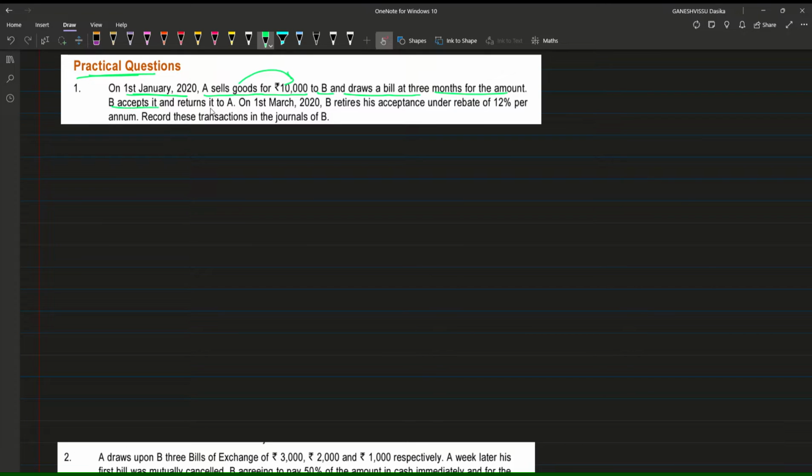B accepts it and returns it to A. On 1st March 2020, B retires his acceptance under a rebate at 12% per annum. I think we have seen this type of question. No problem. We should write in the books of B. Who is B here? B is the drawee, A is the drawer. We shall write the entries in the books of B.